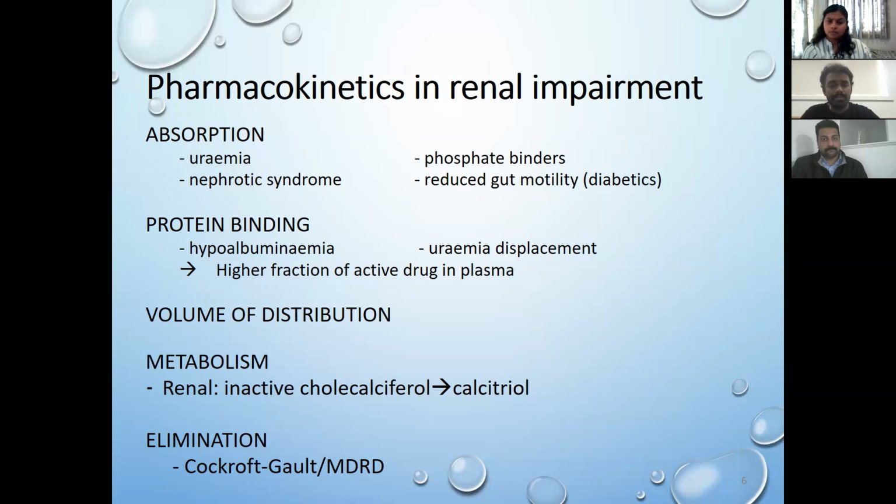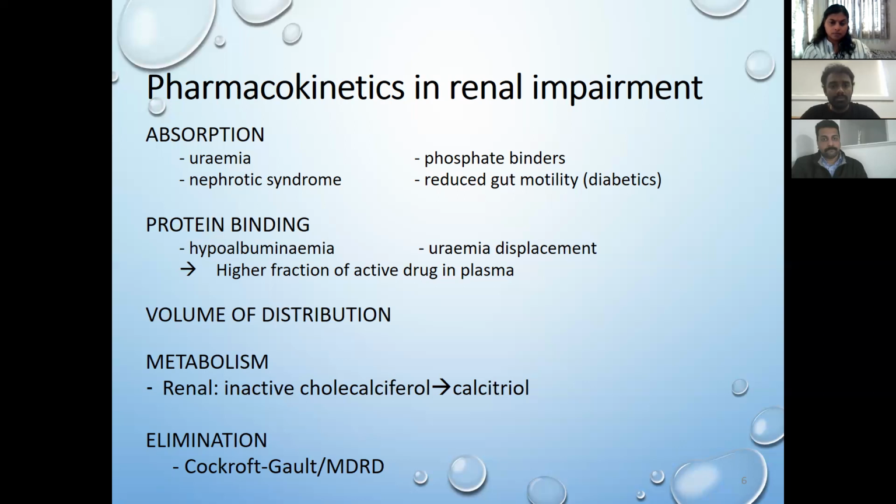Elimination-wise, this is the most obvious change that happens in kidney failure as the kidney disease progresses. These drugs that are usually cleared by the kidneys, such as gabapentin and atenolol, have reduced clearance. It is also helpful to note that even if a drug is liver metabolized, sometimes that drug may still experience a reduction in metabolism, because in a chronic inflammatory condition like CKD or renal failure, the enzymes in the system are not as efficient or may not work as well.